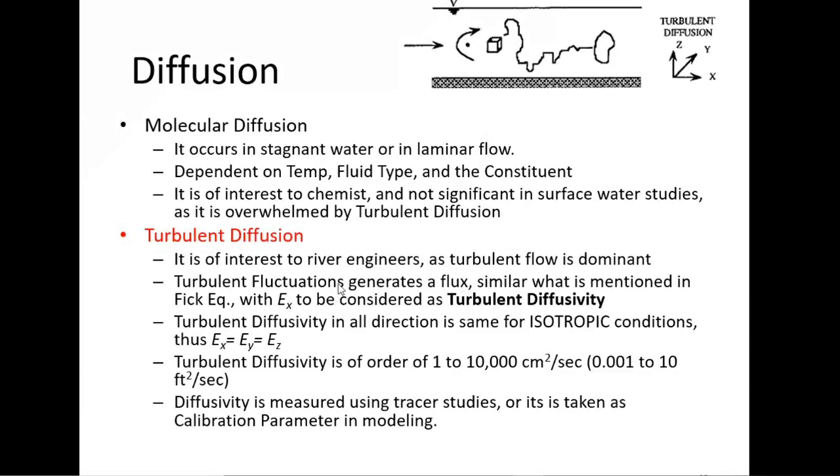This diffusion occurs because of the turbulence or random movement of the molecules in all the directions. Actually, those movements are random in x, y and z direction, so the water body has some velocity in x, y and z direction. So that is causing the mixing of the constituents.